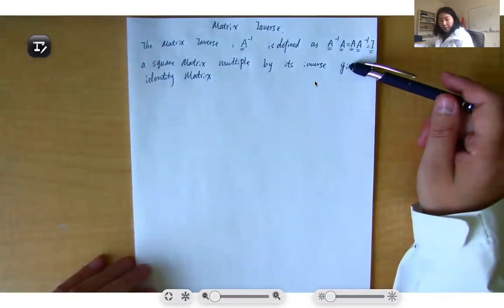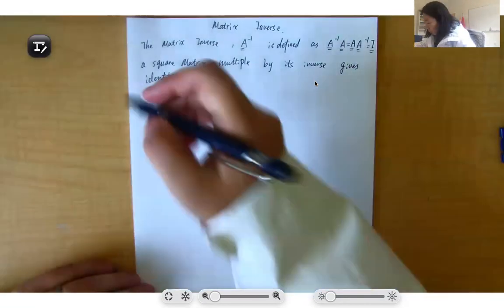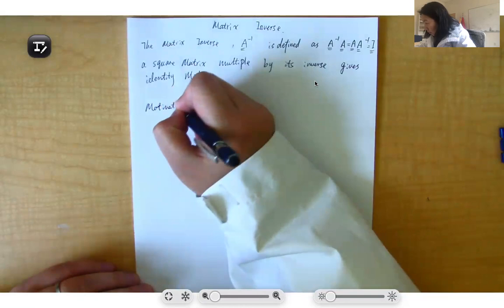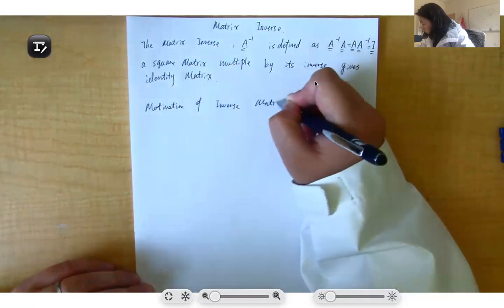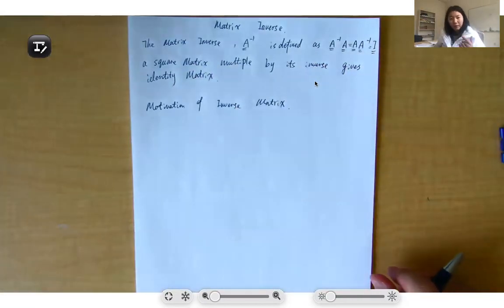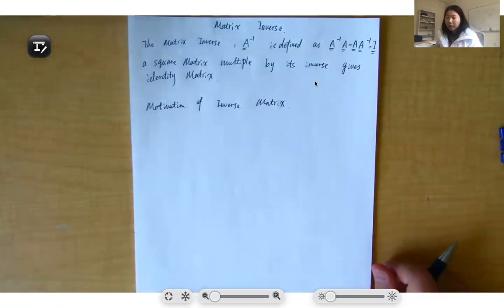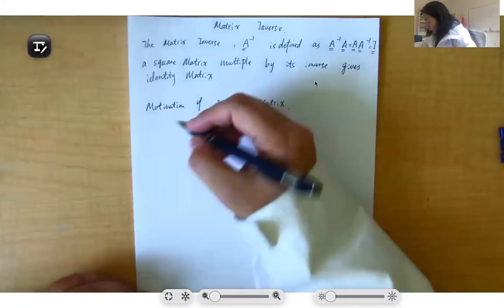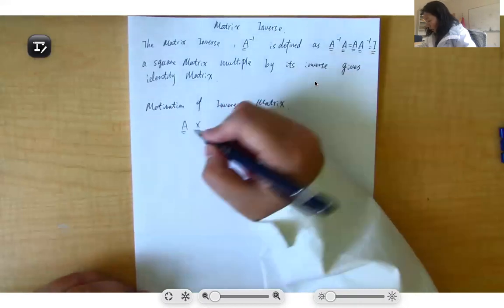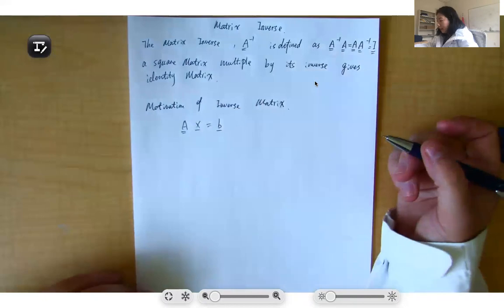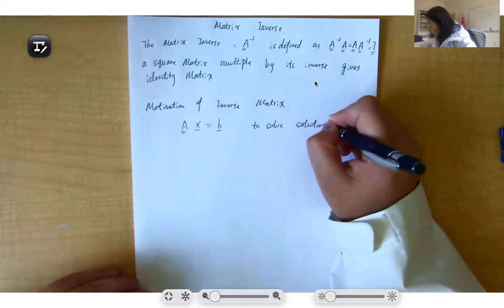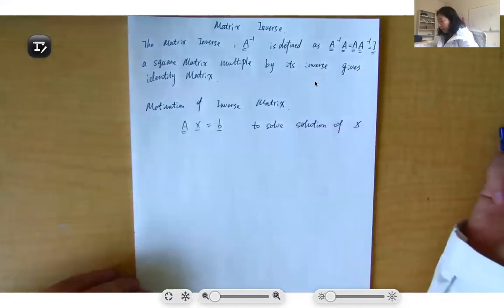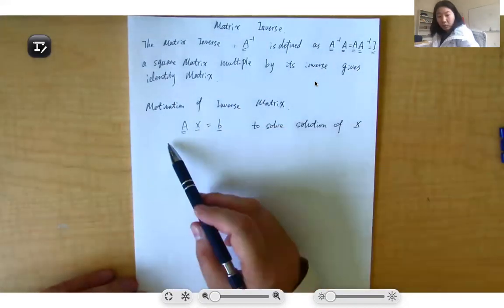What is the motivation why we need to learn matrix inverse? The motivation of inverse matrix is that it will be used for solving, for example, linear algebra equations AX equals to B. If you have AX equals to B, then in order to solve for X, we can multiply A inverse on both sides.